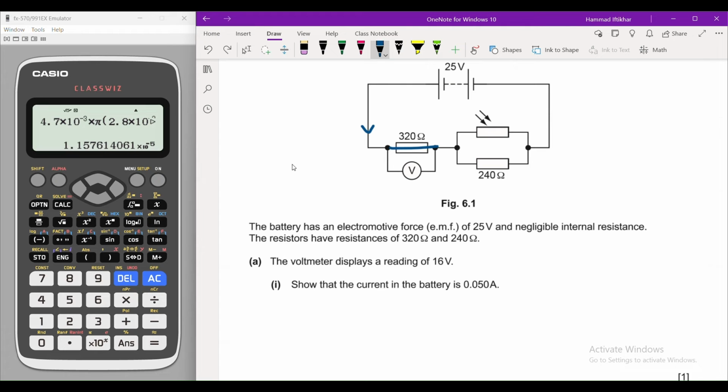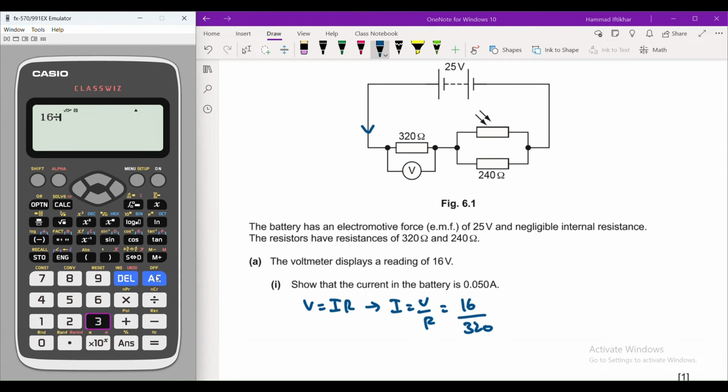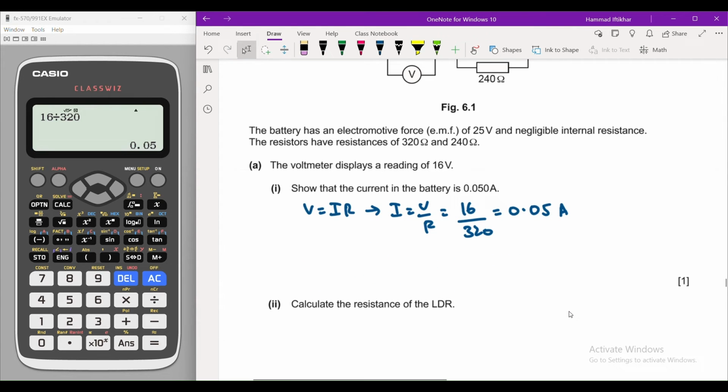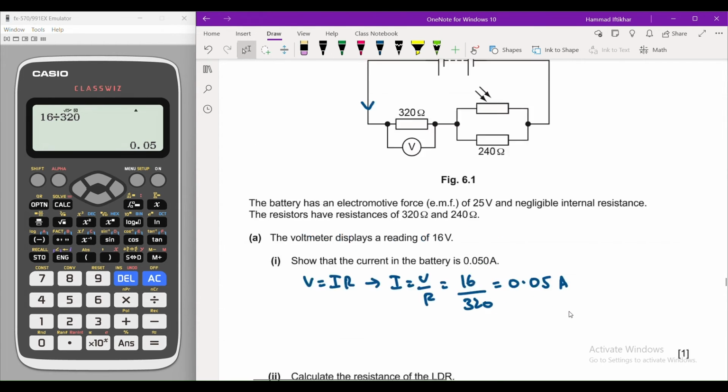We know the potential difference across this, so V is equal to IR, so I is equal to V over R. The potential difference across the 320 ohm resistor is 16, and the resistance is 320. So 16 divided by 320 is 0.05 amperes, which does show it. Calculate the resistance of the LDR.